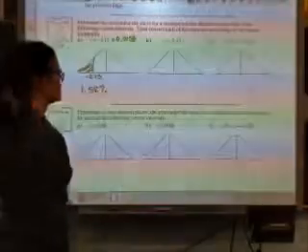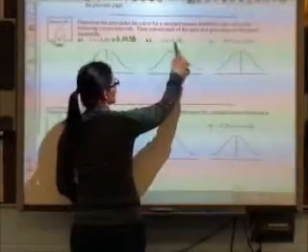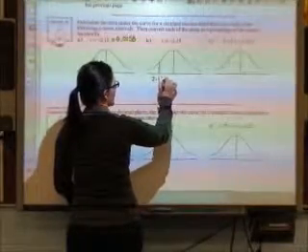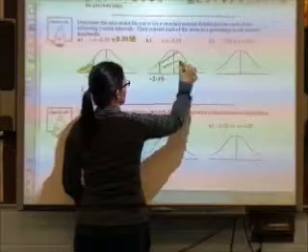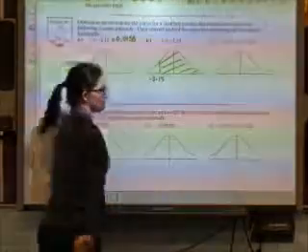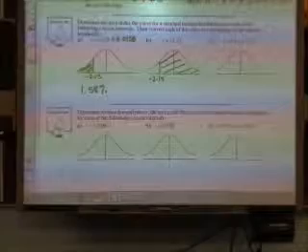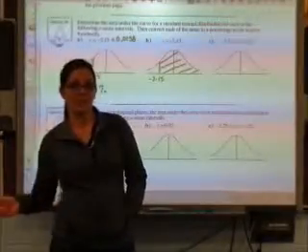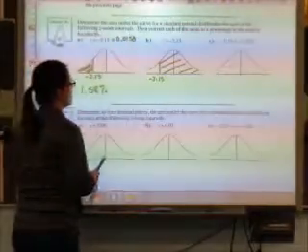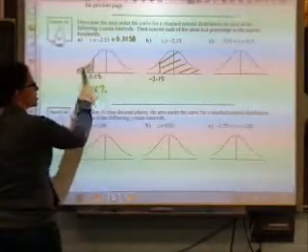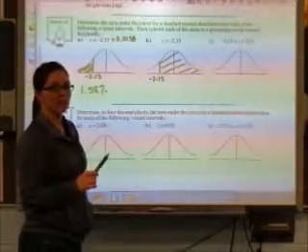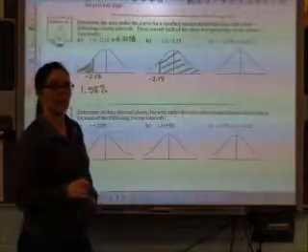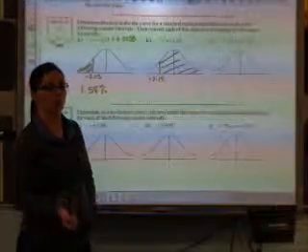Part B says this is a z-score value greater than negative 2.15. So this is where my negative 2.15 was, but now I'm shading this portion. The z-score tables only give you to the left, not to the right. But I know that this portion here is 0.0158 or 1.58%, and everything under the curve adds up to 100% or to 1.